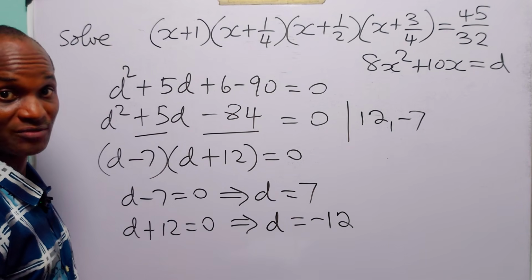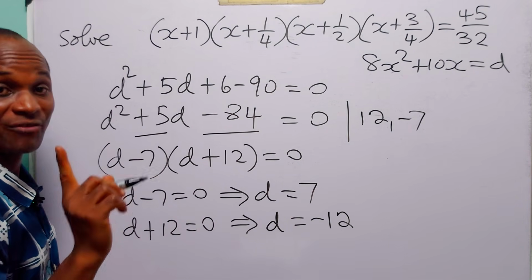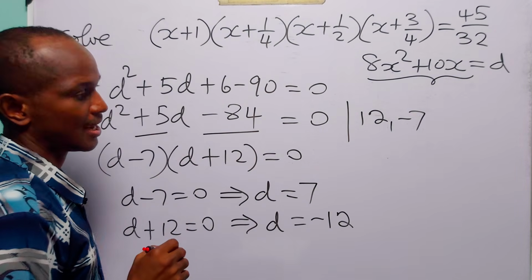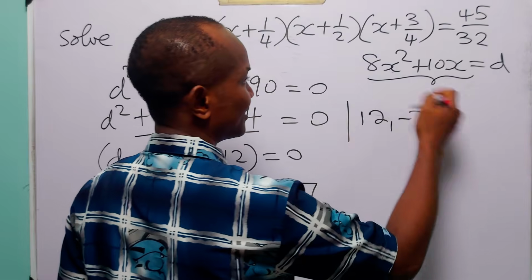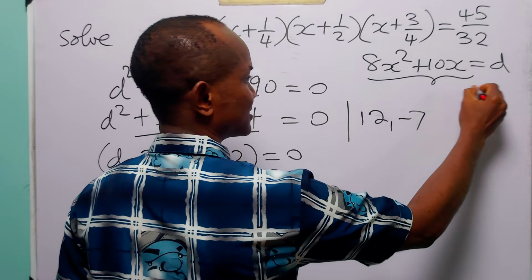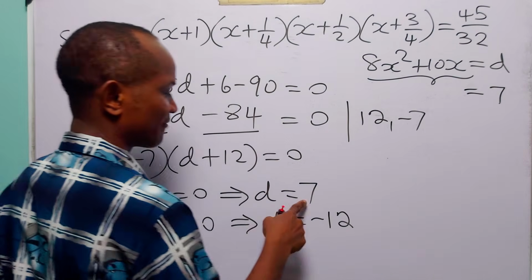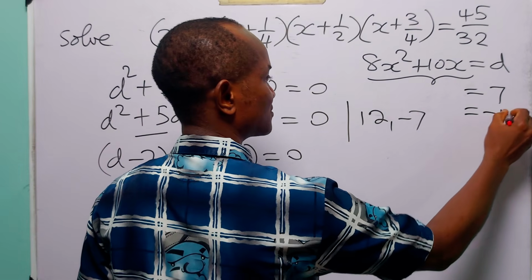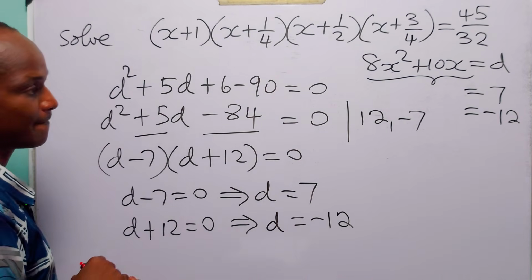So we have two values for d, which means that we have two values for 8x squared plus 10x. So we have that either 8x squared plus 10x is equal to 7, or 8x squared plus 10x is equal to minus 12.